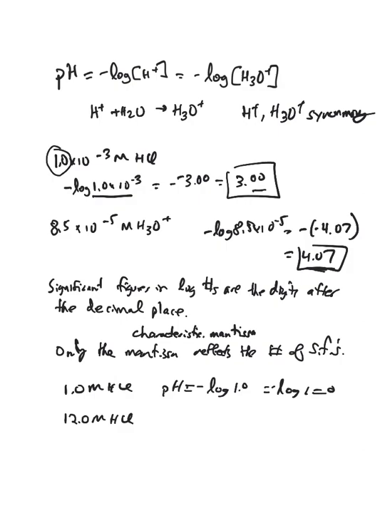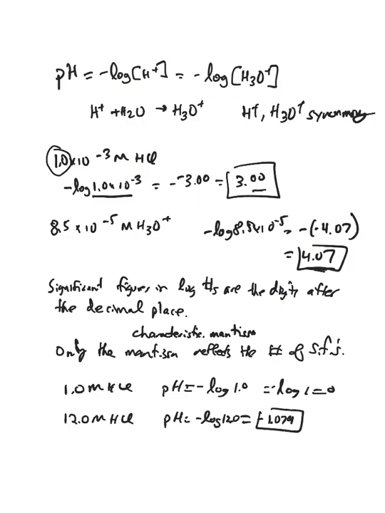12 molar HCl. So the pH is minus the log of the number 12. And so if you put that in your calculator, you'll see a positive number for the log as opposed to a negative number that we've seen thus far. And so we have a pH that's equal to minus 1.079.